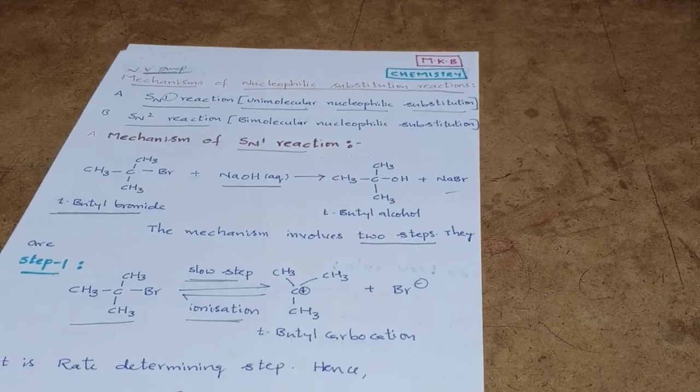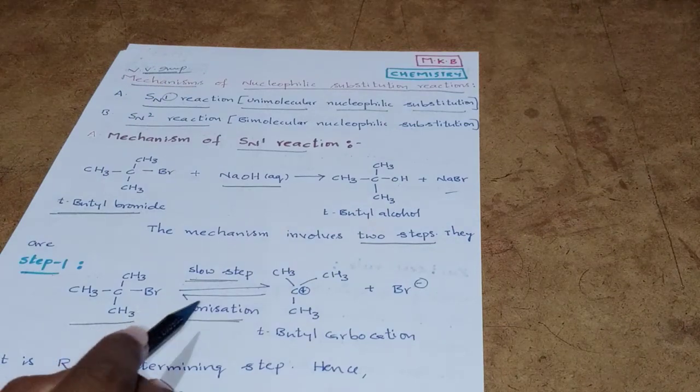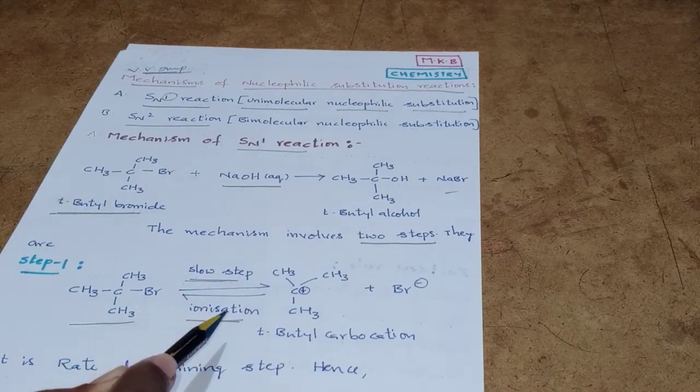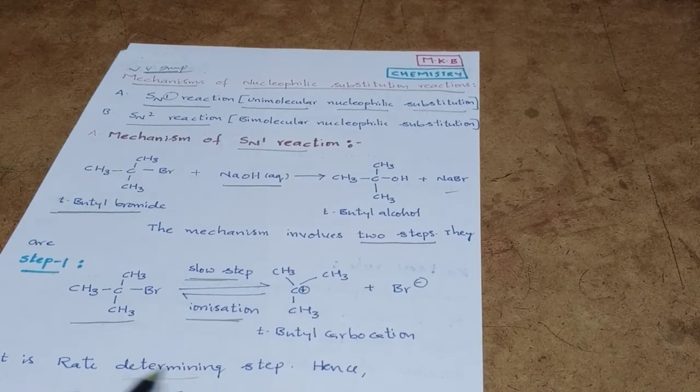And why are we mentioning unimolecular here? If you want to know the velocity or rate of any reaction, we can determine the rate of a reaction if the reaction is slow.